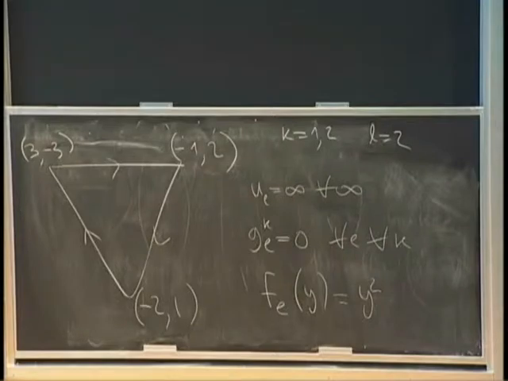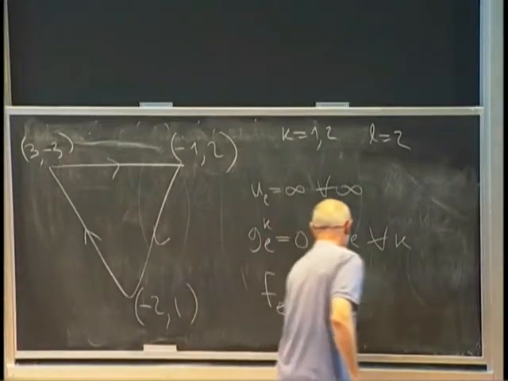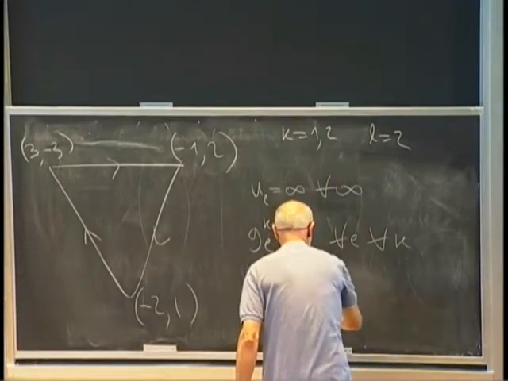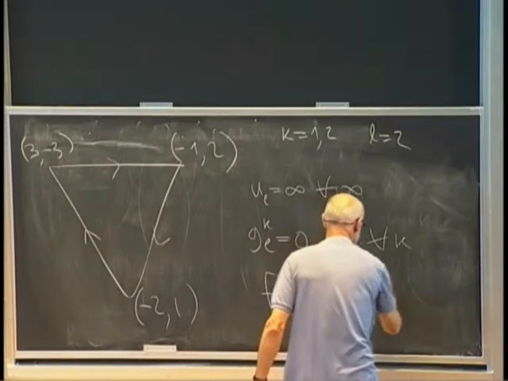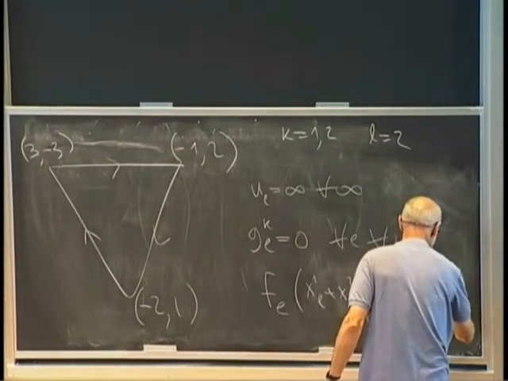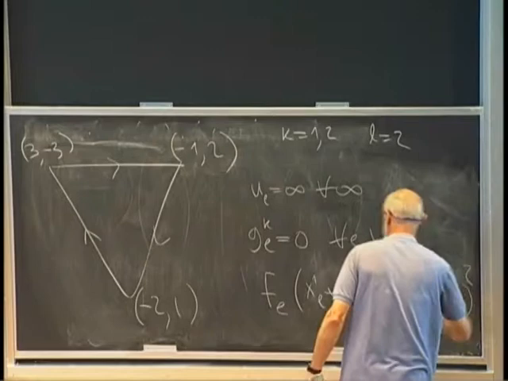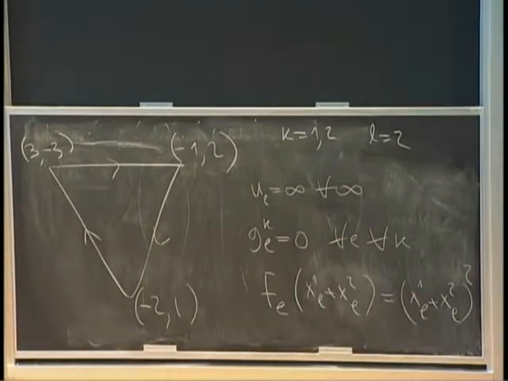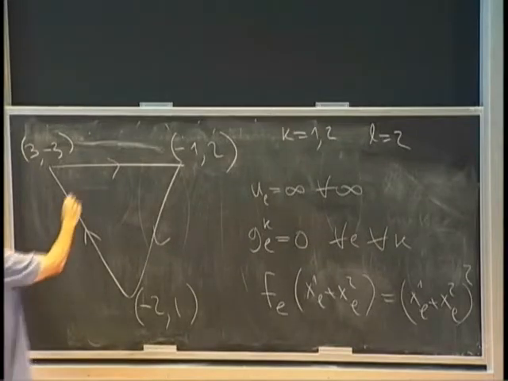Or maybe I should write it more explicitly: f_e(x_{1e} + x_{2e}) equals (x_{1e} + x_{2e}) squared. And now I'm claiming that the following is a feasible transshipment.